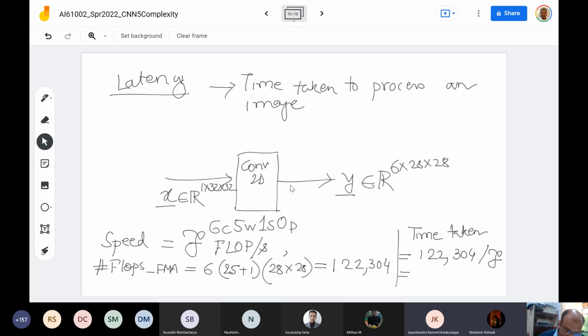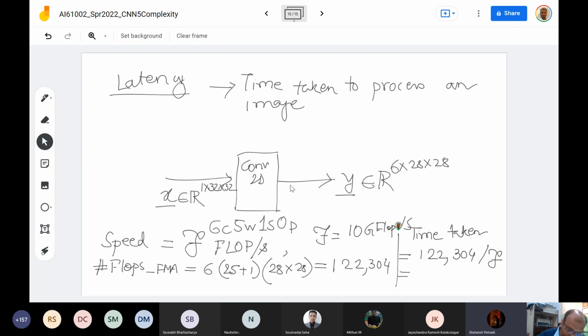Sir, what is the value of F here? Okay, so say I have F equal to, let me take a realistic number. With the CPU, this would be about 10 gigaflops per second. 10 gigaflop per second.